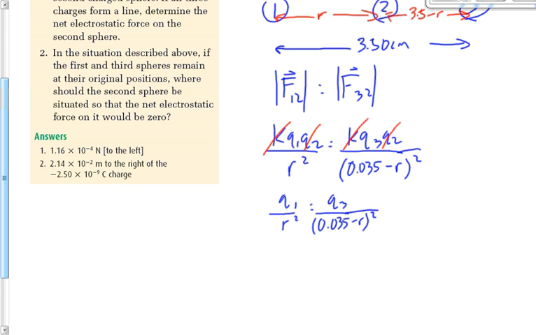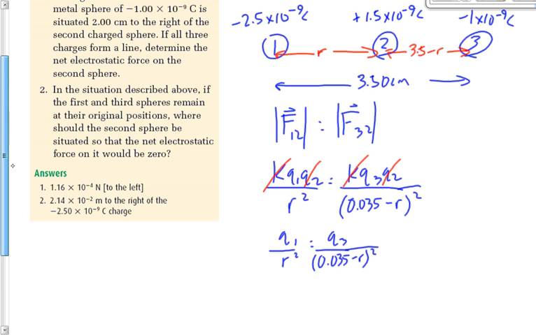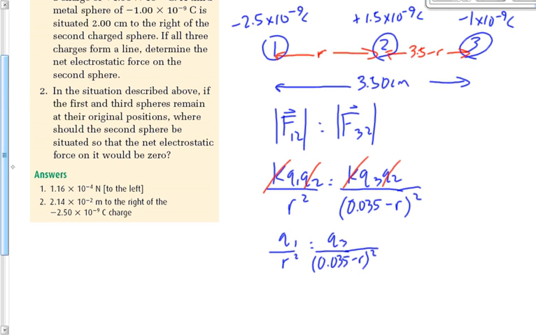Okay, now we know the value of q1 and q3, so there's only really one unknown here. q1 is 2.5. Again, we're dropping the sign of the charge, times 10 to the minus 9. q3 is 1.0 times 10 to the minus 9. More good news.